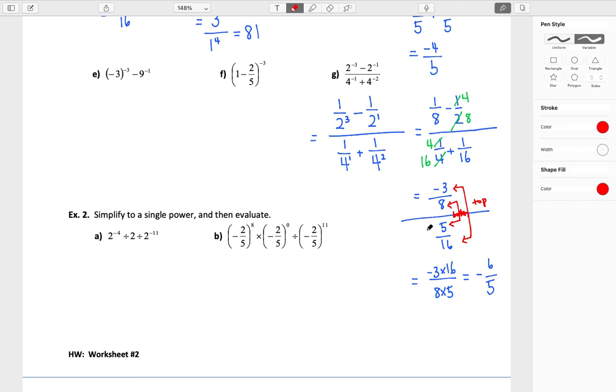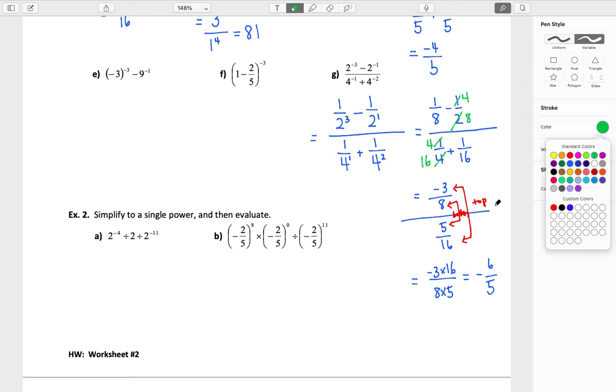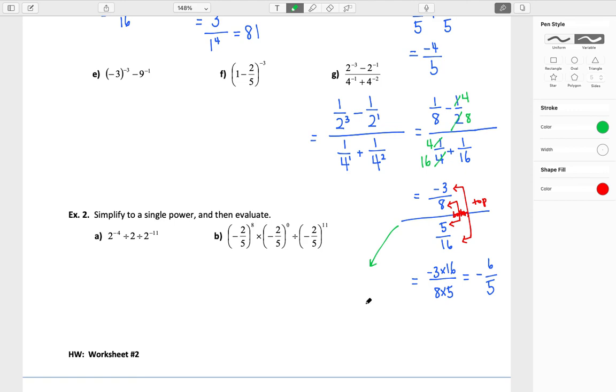Now, if this is too confusing for you, you could rewrite this as negative 3 over 8 divided by 5 over 16 using the division symbol. And with dividing fractions, what we need to remember is we're going to flip the second fraction. And once we flip it, the division becomes multiplication.